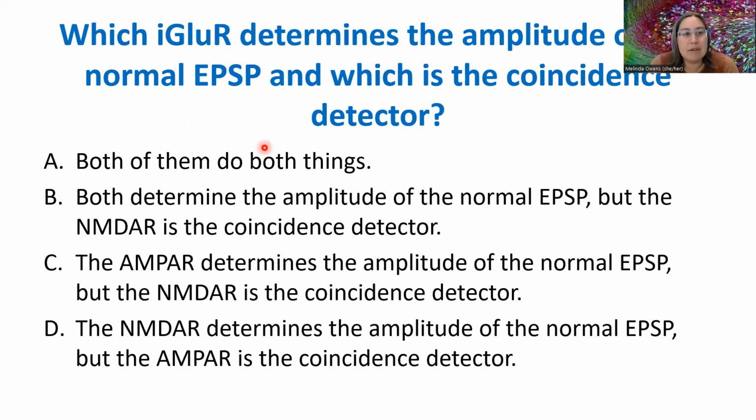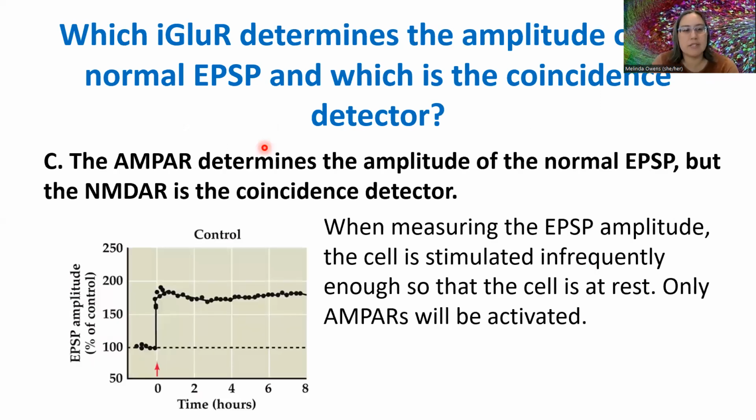So given that, which ionotropic glutamate receptor determines the amplitude of the normal EPSP and which one is the coincidence detector? Well, it's actually C. The AMPA receptor determines the amplitude of the normal EPSP, but the NMDA receptor is the coincidence detector.